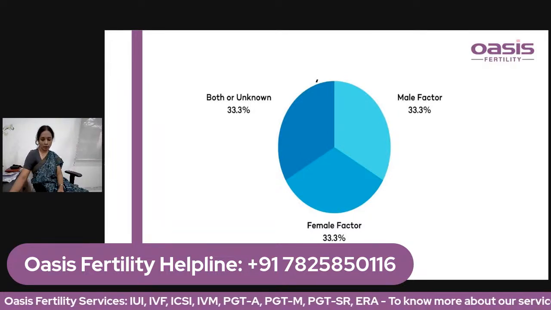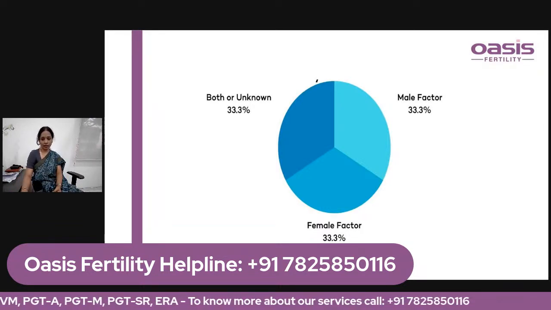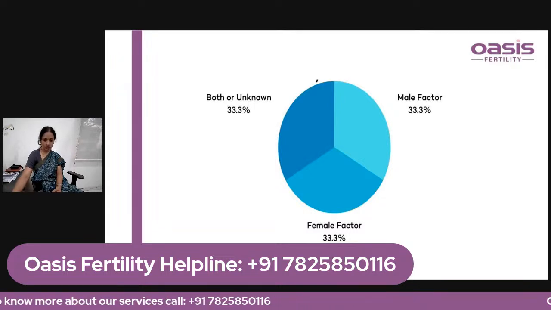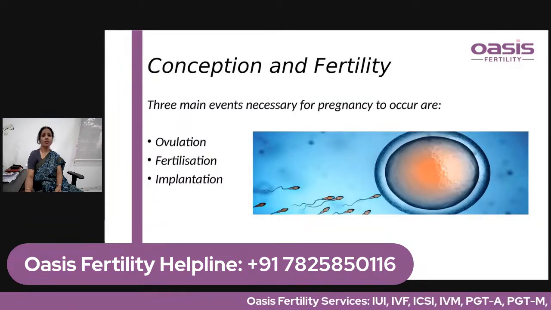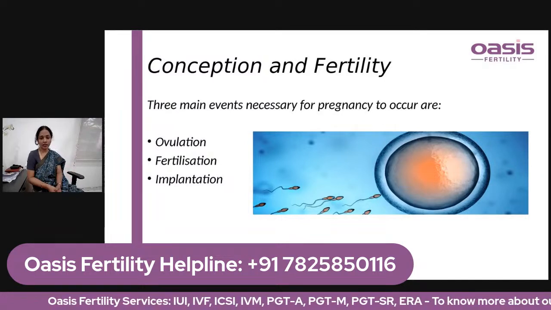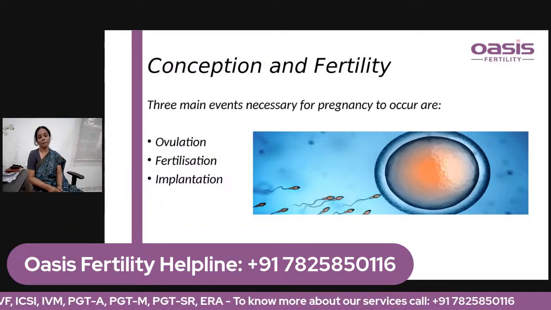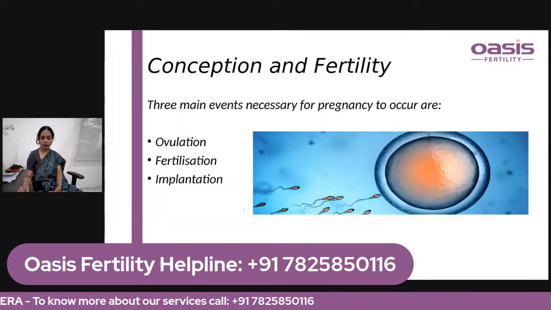Some causes cannot be identified, and that category is known as unexplained infertility. So infertility is not just a female issue; the male is equally contributing nowadays. So what we saw was the diagnosis of infertility, how we categorize it into primary and secondary infertility, and the major causes or factors for infertility.